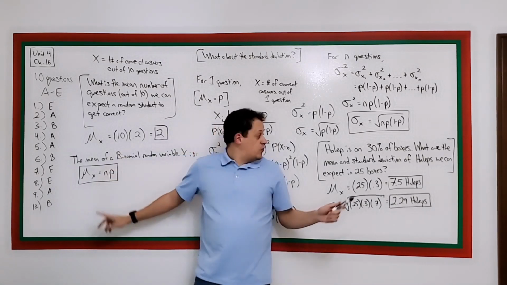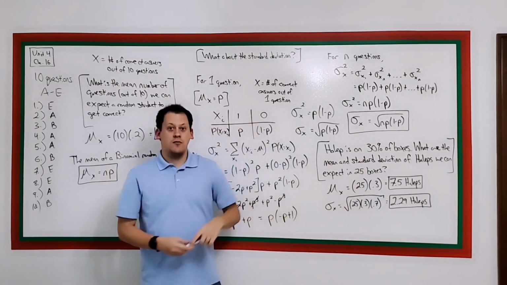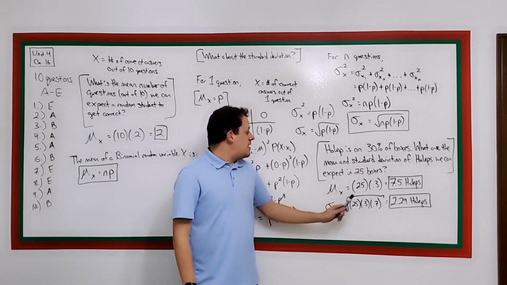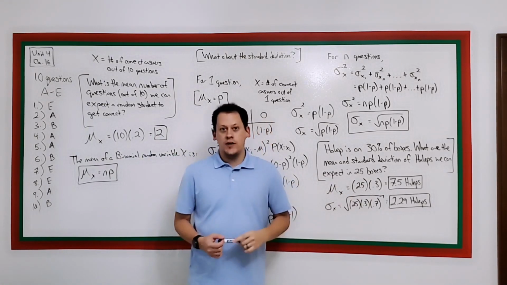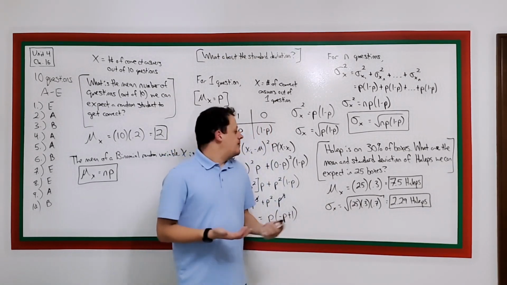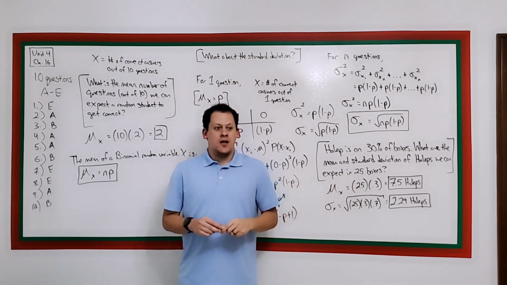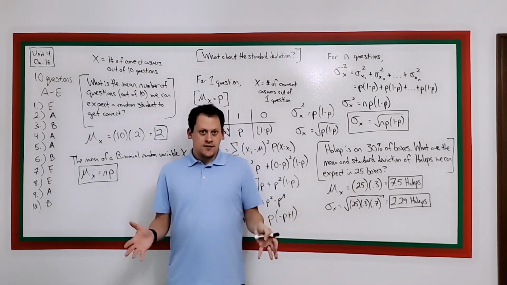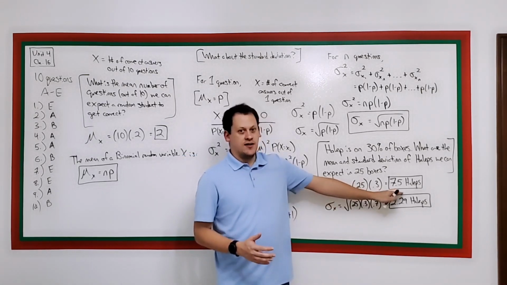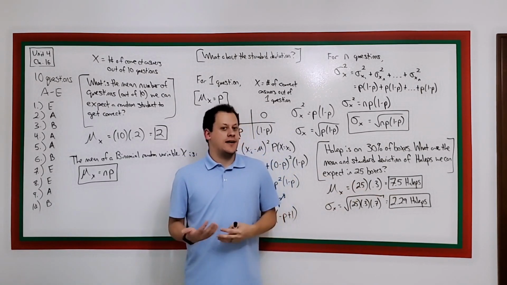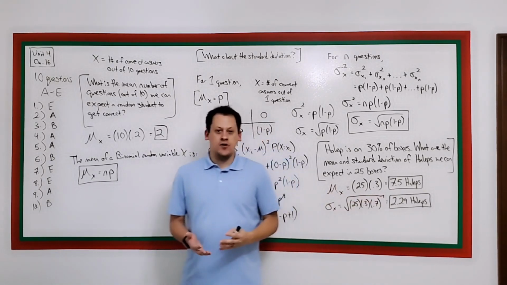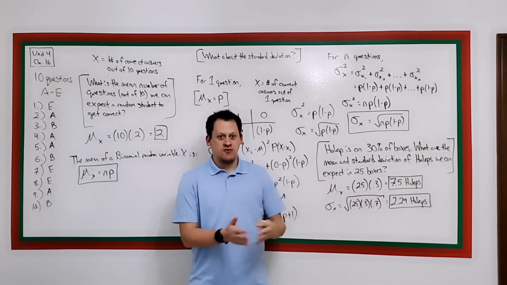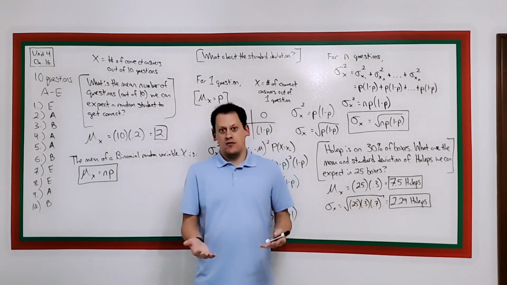Just using these formulas, plugging in our numbers for n and p, we get a mean of 7.5 Haleps and a standard deviation of 2.29 Haleps. So in 25 boxes, if we open 25 boxes once, obviously we're not going to get 7.5 Haleps. That's impossible. It has to be a whole number. This represents what we would see on average if we kept taking samples of 25 boxes forever.